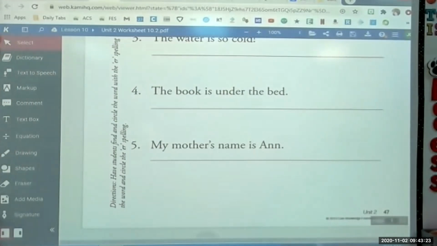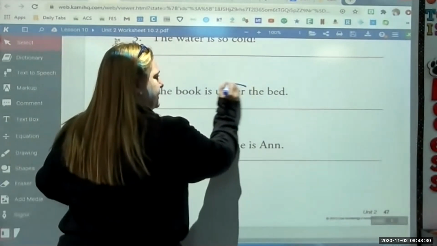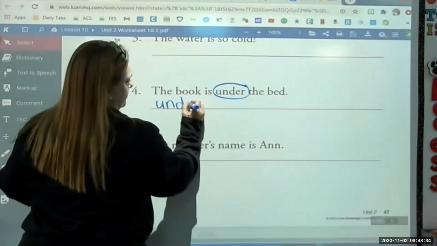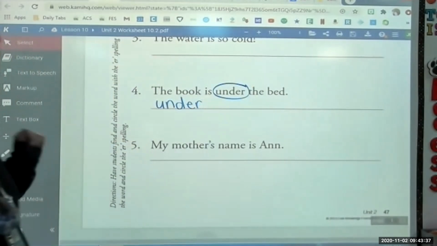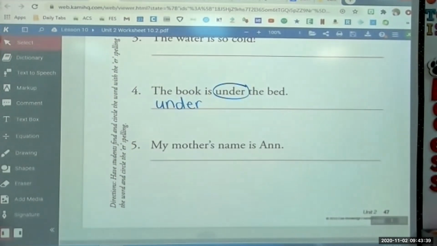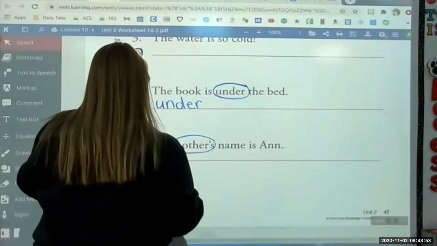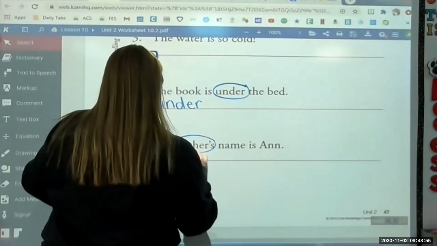What is the ER spelling in that sentence? It is under. Very nice. And then the last one, my mother's name is Anne. Which word in that sentence has the ER spelling? It's the word mother's. Good. You guys are on fire today.